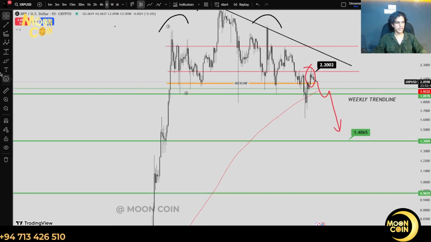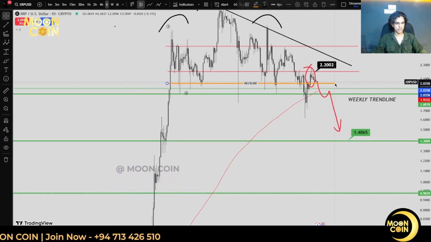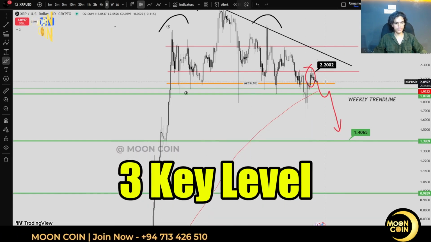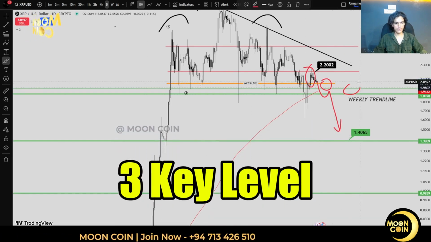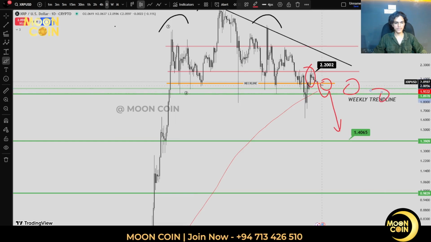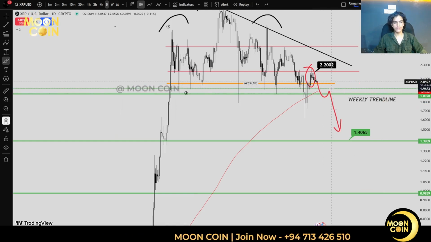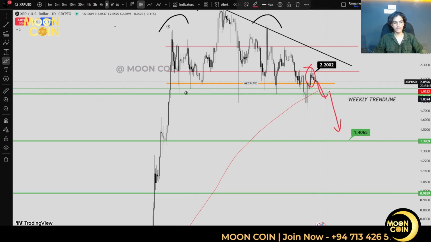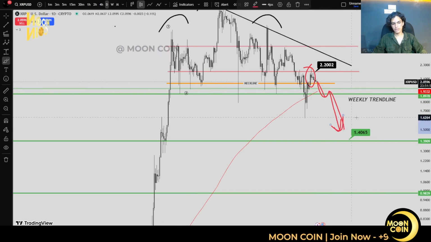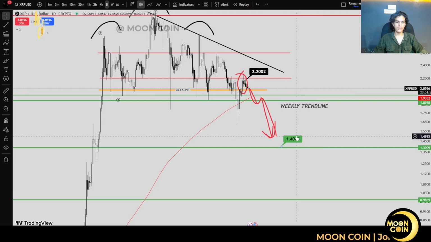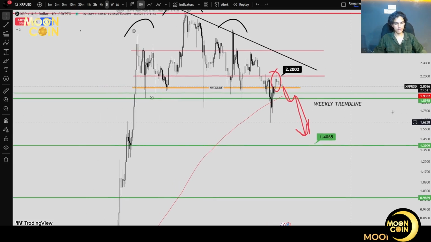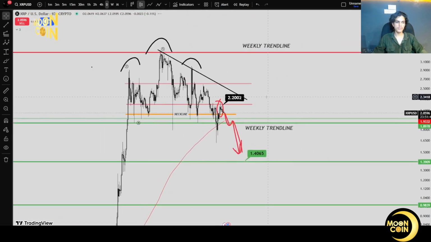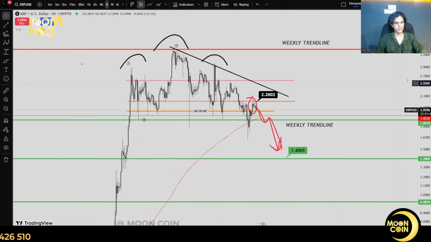If the market manages to break these key levels, I mean three key levels, the first one, the second one, and the third one, and if these three are broken in the near future, then we can expect a downward movement which can go to $1.5 or $1.4 per coin. This is a bearish scenario for XRP.